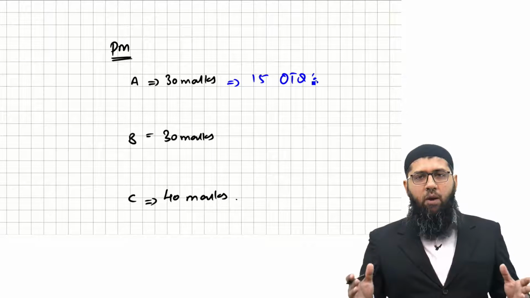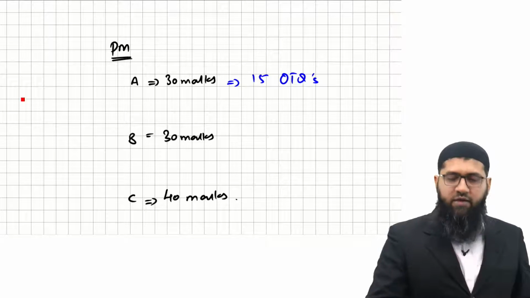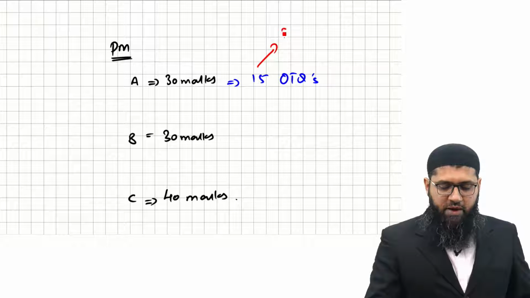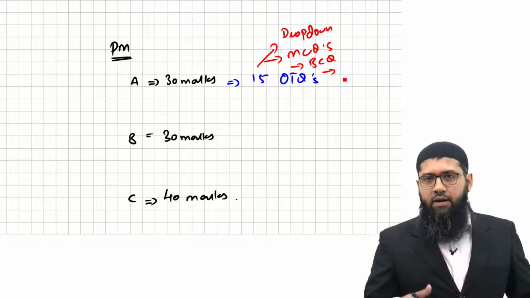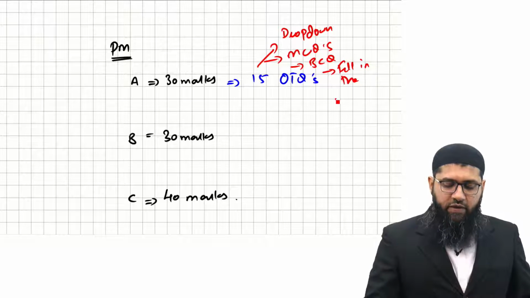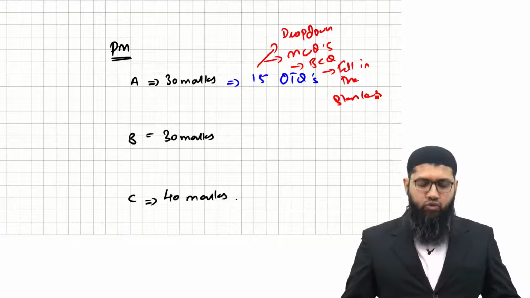But the objective test question could have multiple types of answering options, including the drop down, an MCQ, the best choice, fill in the blanks, etc. So there are different types of things that you could come across when it comes to OTQs.